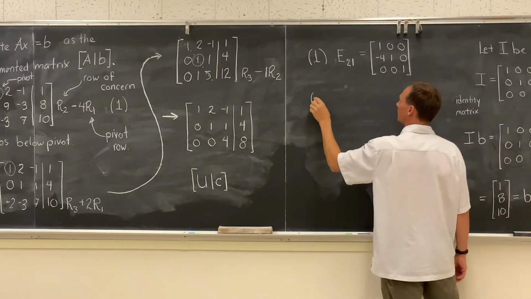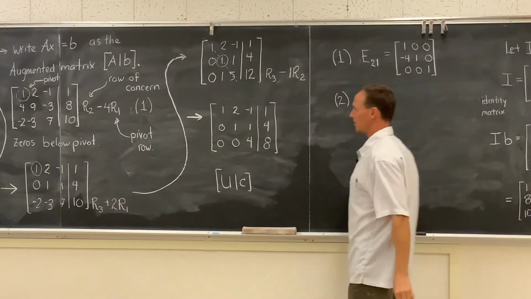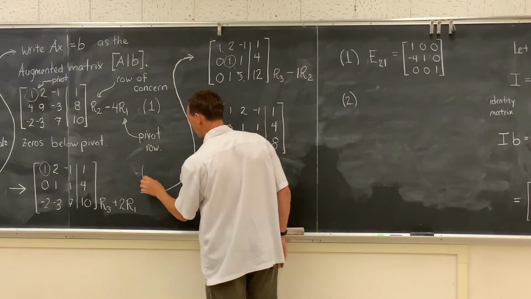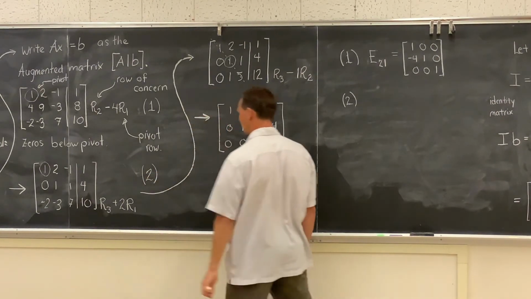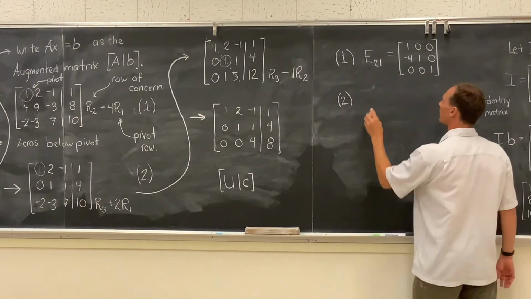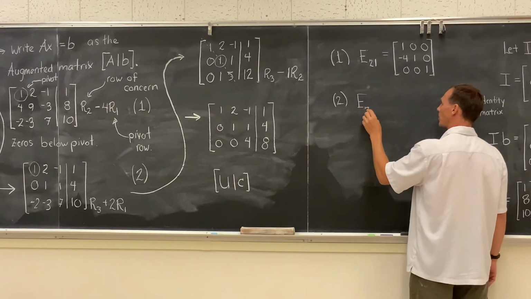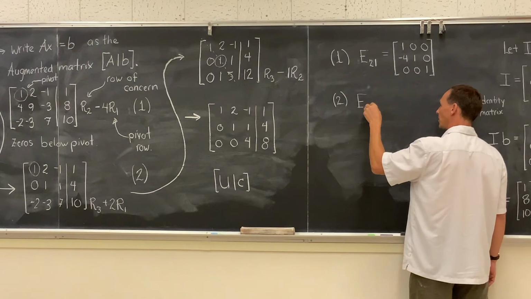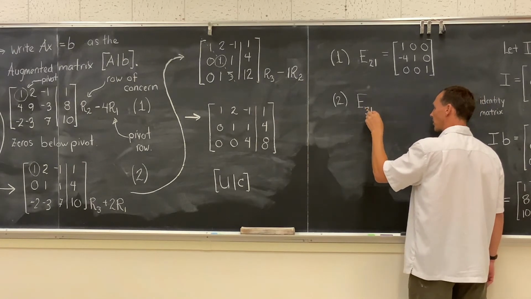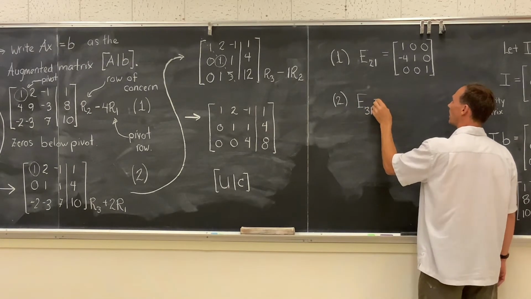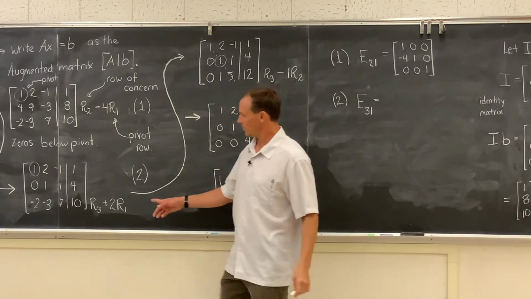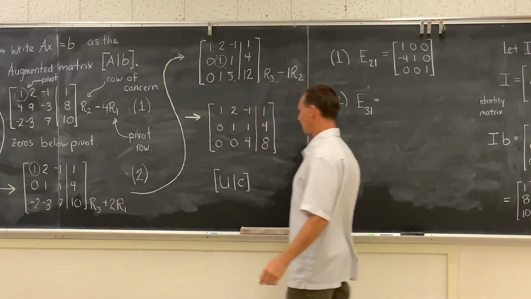Our second one, number 2, is right here. Well, this time, our matrix, we were working on row 3, and we were doing that by using our pivot in row 1. And the change that we use is we took 2 row 1s.